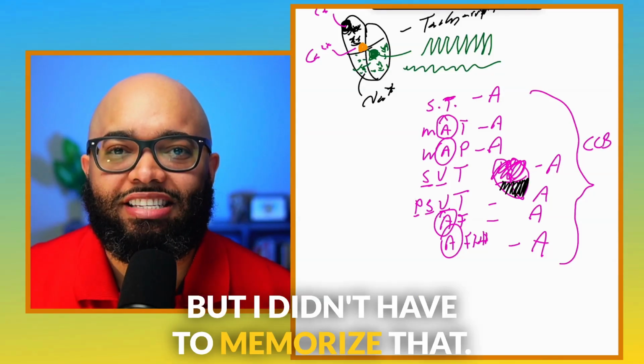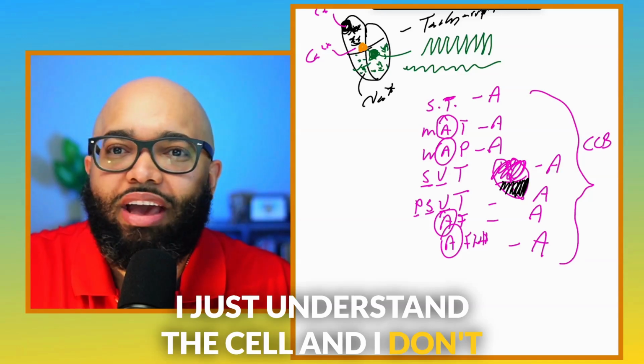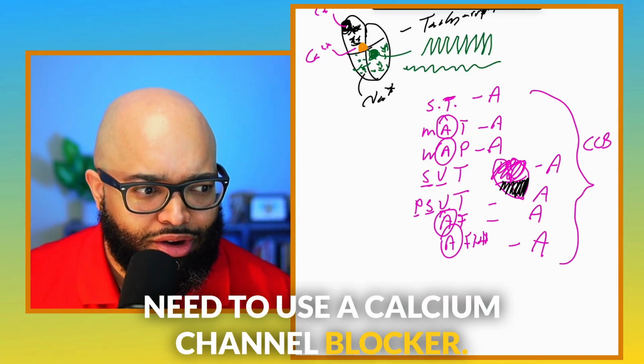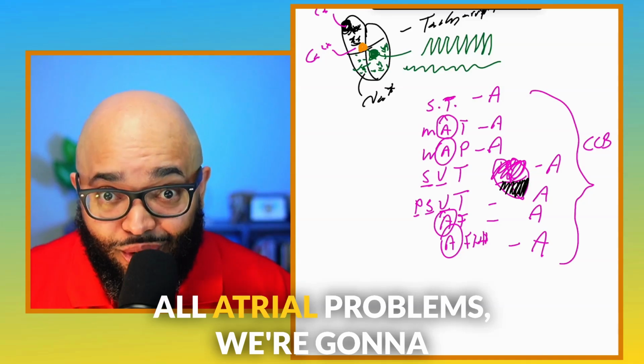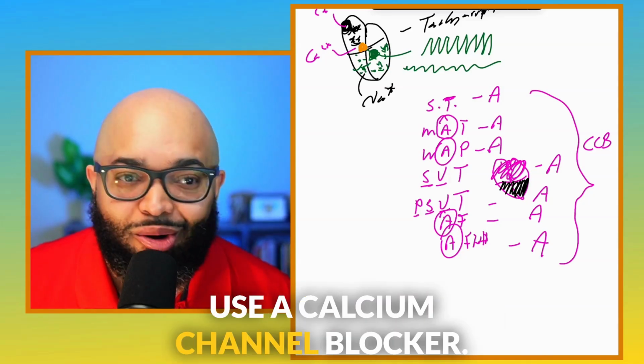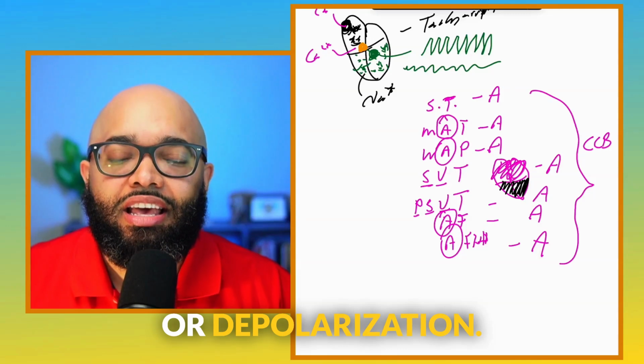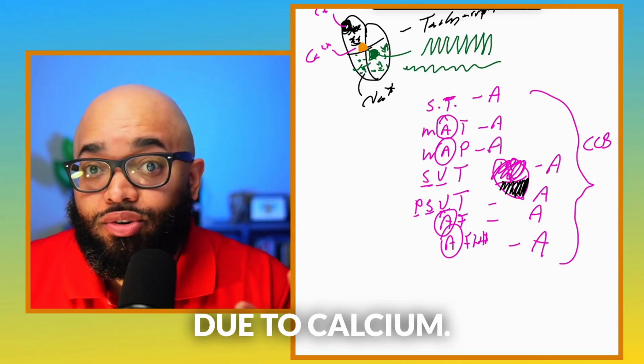I didn't have to memorize that. I just understand the cell. I don't have to memorize that for AFib we need a calcium channel blocker. For all atrial problems, we're going to use a calcium channel blocker because depolarization of the atrium is due to calcium.